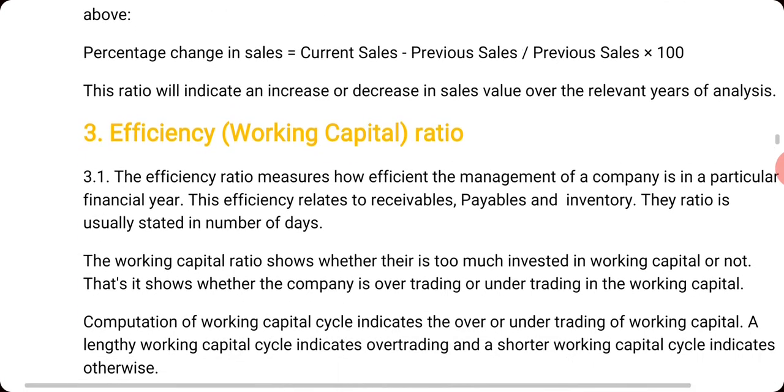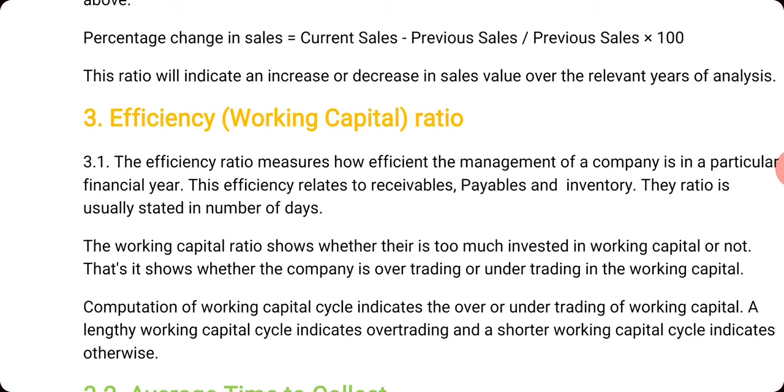Then we have efficiency, which is working capital ratio. Efficiency calculations help us to determine how efficient management is in the management of the working capital of the company. Now, where the cash operating cycle is high, we say that the company is over trading. Where it is low, we say the company is under trading.